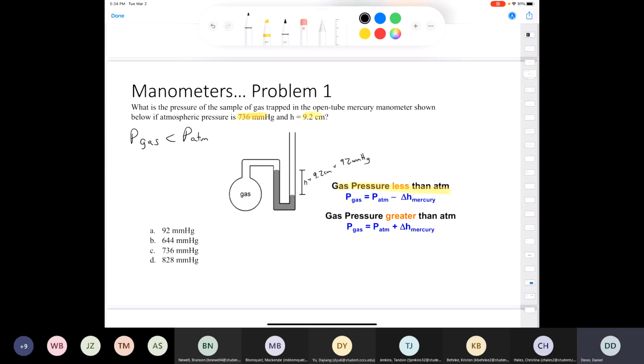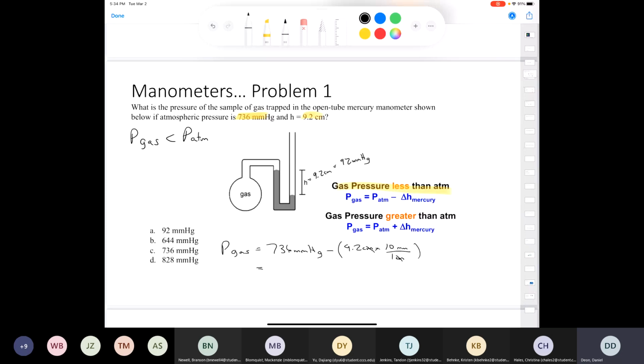Okay, let's plug in some numbers. We're going to have our pressure of our gas being equal to 736 millimeters of mercury, and we're going to subtract the height of the mercury, which is 9.2 centimeters. We'll convert it. We know there's 10 millimeters in every 1 centimeter.